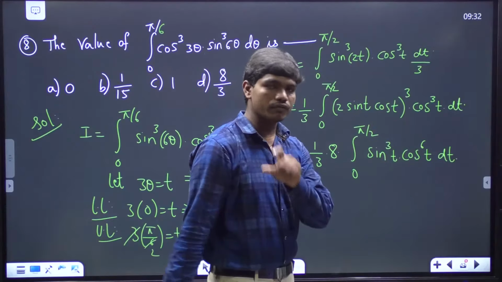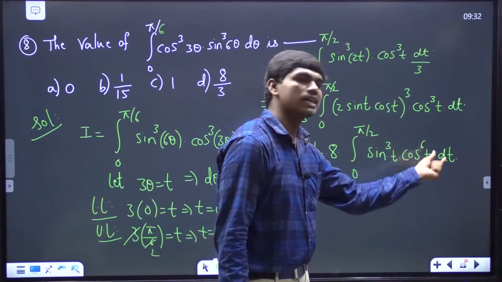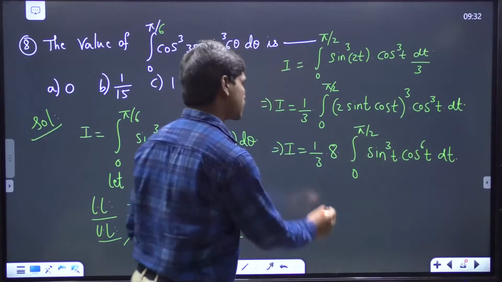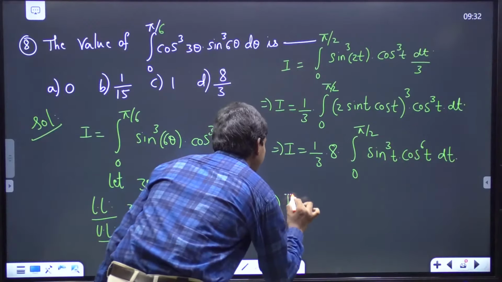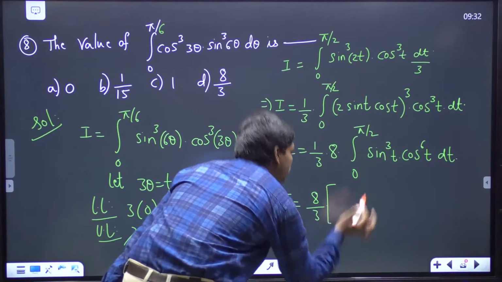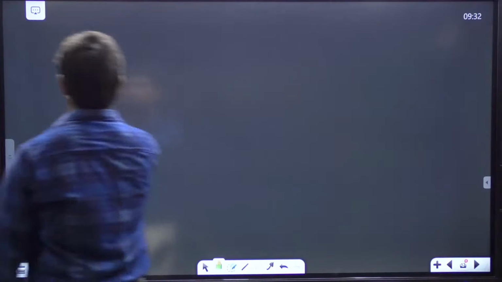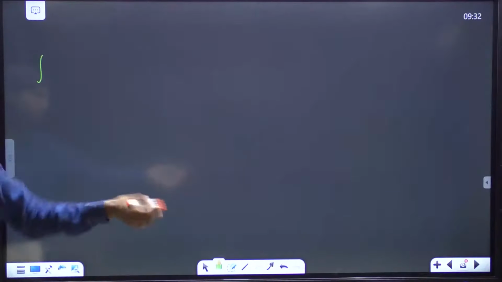I gave you one formula, if you remember: the integral from 0 to pi by 2 of sin power m x into cos power n x dx. You have a formulation for this, correct? So this implies I is equal to 8 by 3 into, see, the formulation that I gave you in the other day's class, I am writing it again for whoever didn't attend that lecture.